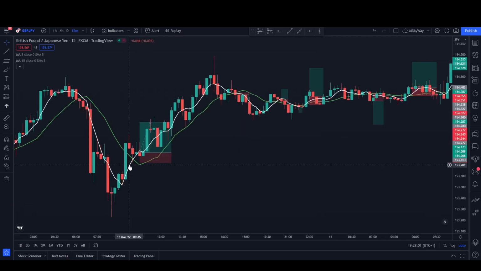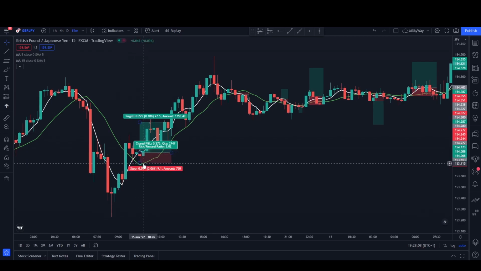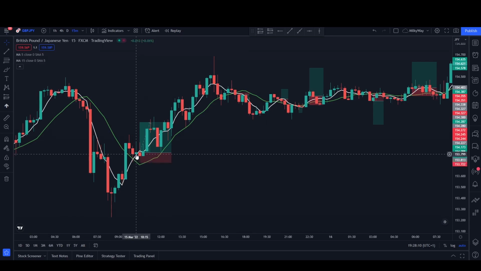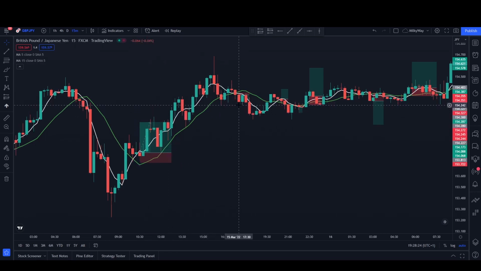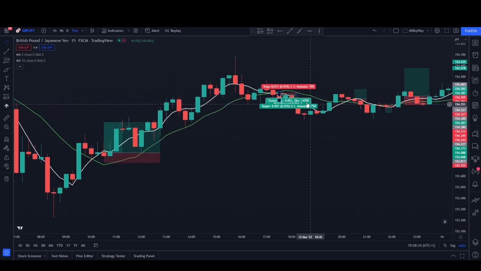As you can see here, the white line crossed the green line from below, so we take a long. We put the stop loss at the last swing low simply because the white line is above the entry price. And we aim for a 1-to-3 risk reward ratio, so that's a win. Here it crosses again to the downside, very close, but that's a win.